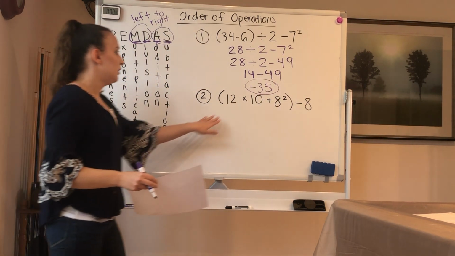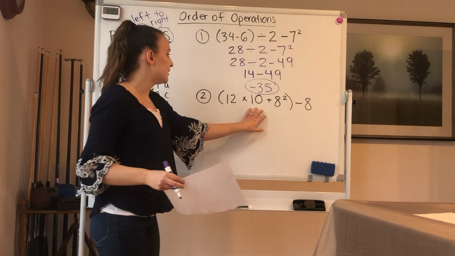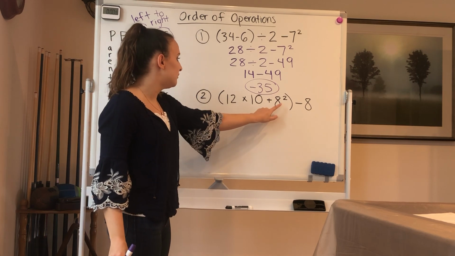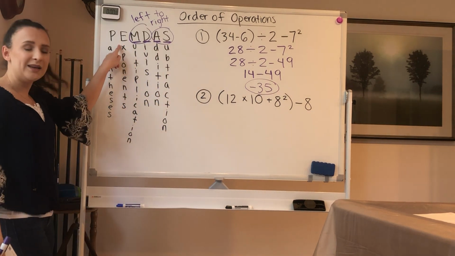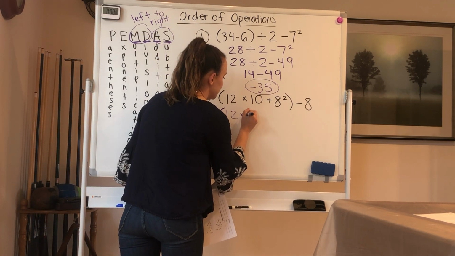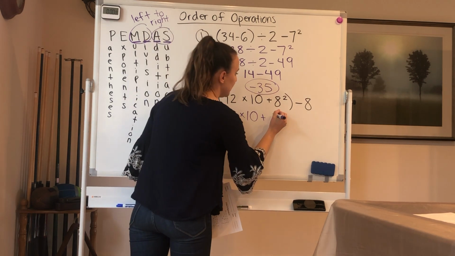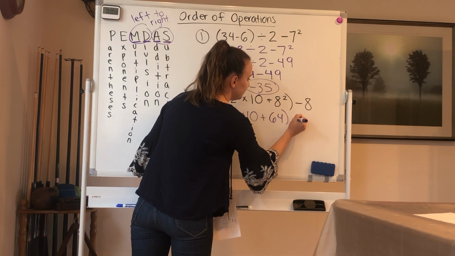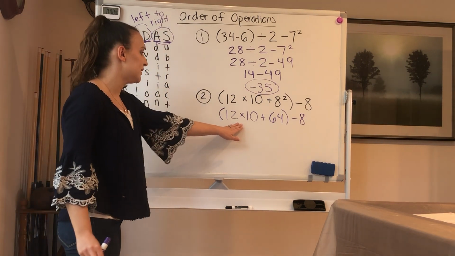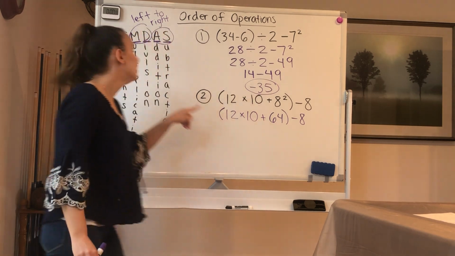Next, we have parentheses here, so we're definitely going to do what's inside the parentheses first, okay? We have a lot going on here, so what we want to do first is the exponent, because that's what comes next. So we have 12 times 10 plus 8 squared is 8 times 8, which is 64. We're still not done with our parentheses. We have to continue. We have multiplication and addition.